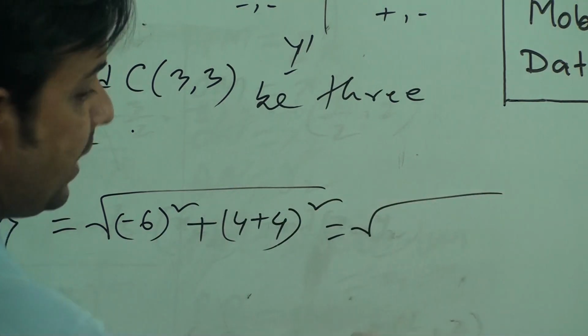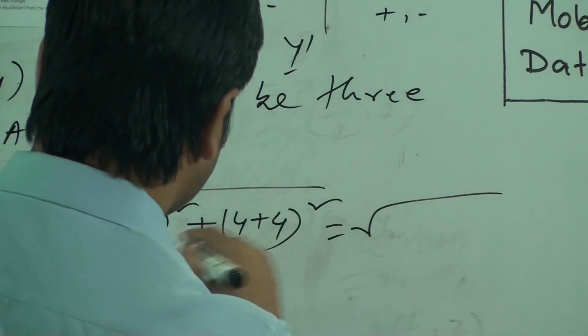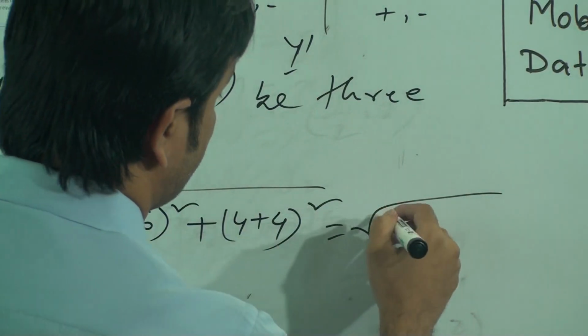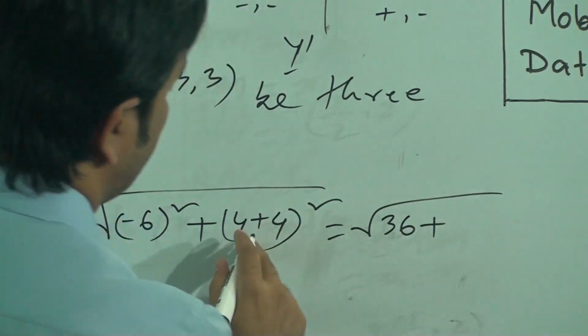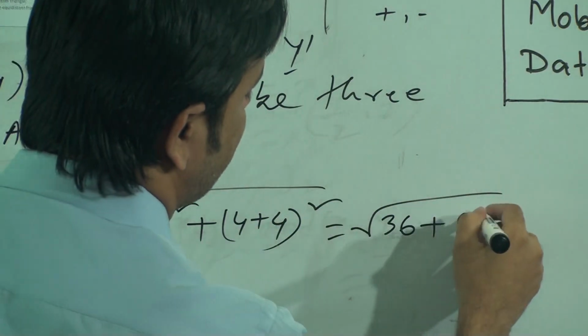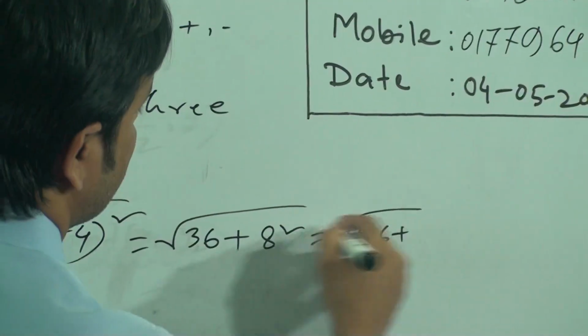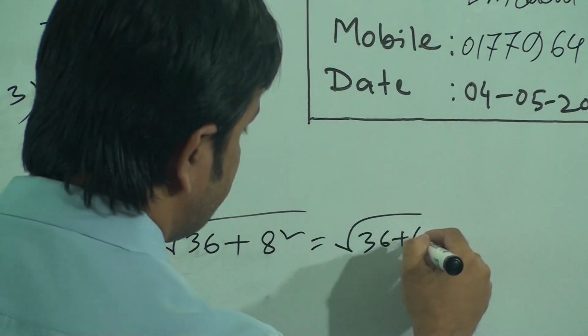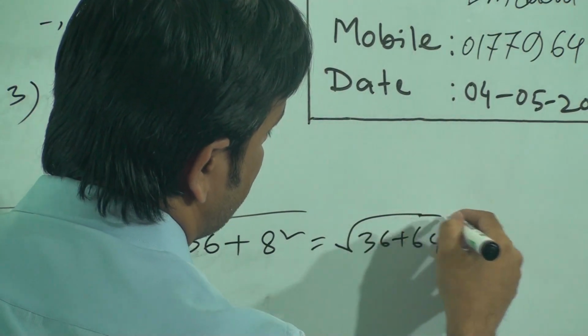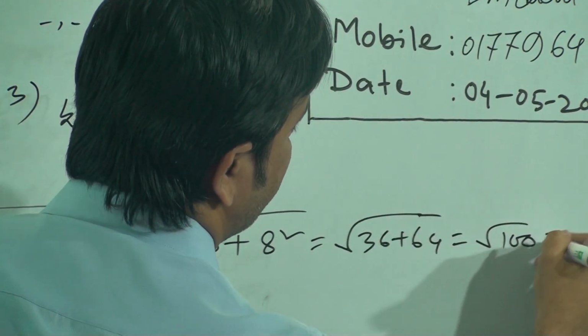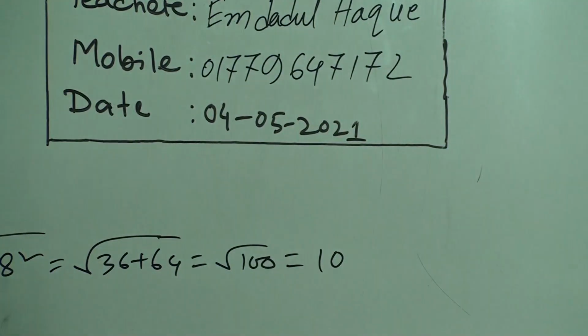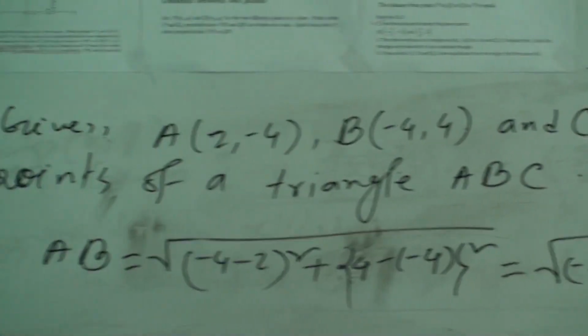That is 36 plus 64, that is square root of 100, which is 10. We have determined the distance of A and B.